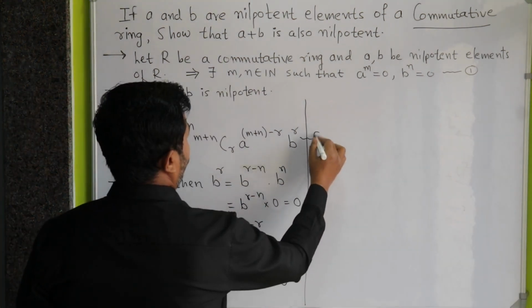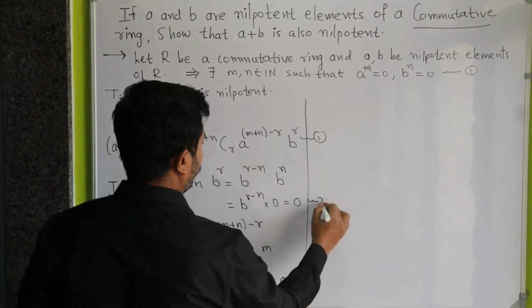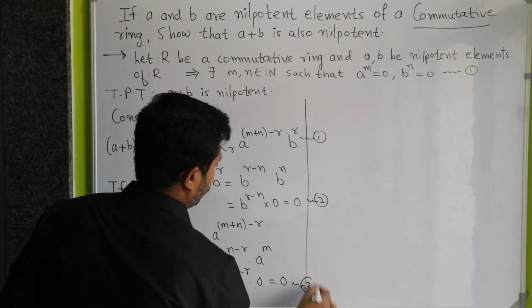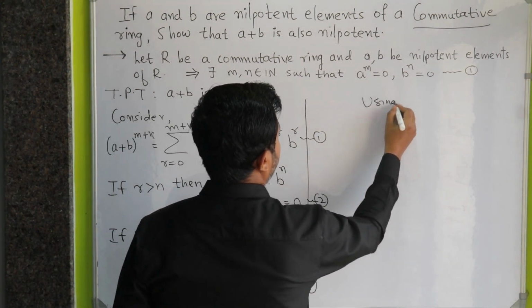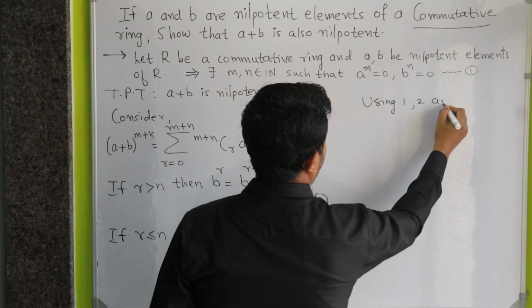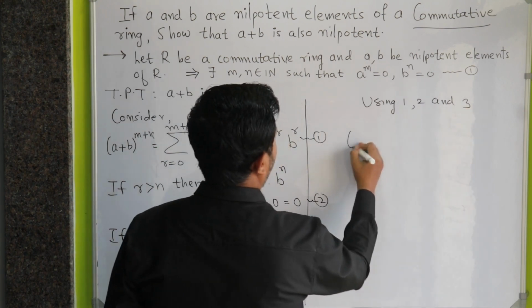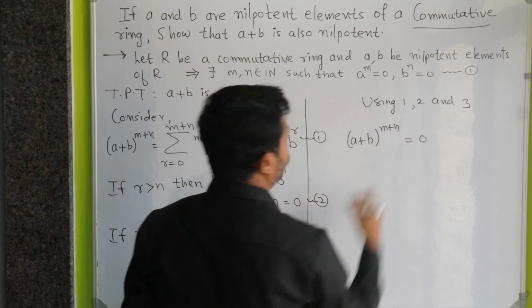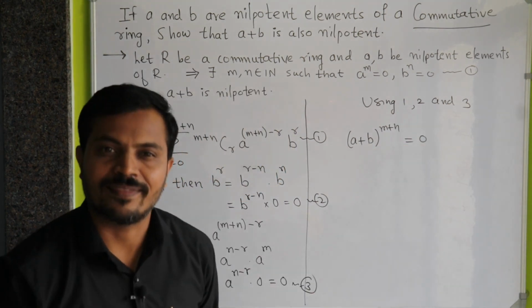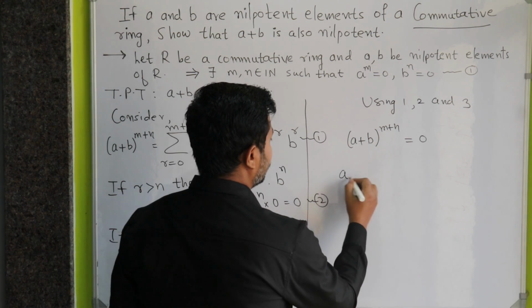So let us call these 1, 2 and 3. Using 1, 2, 3, what we have shown is that (a plus b) raised to m plus n is actually equal to 0, and therefore a plus b is nilpotent.